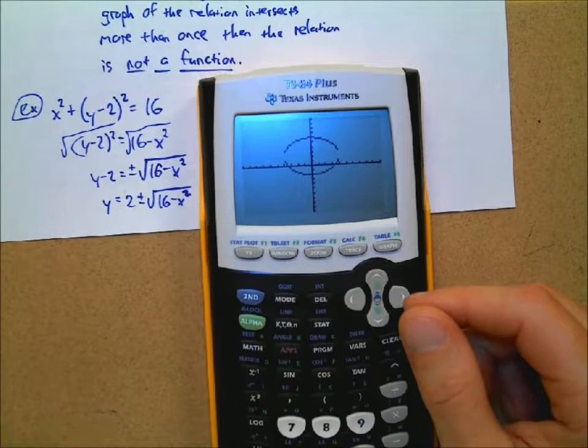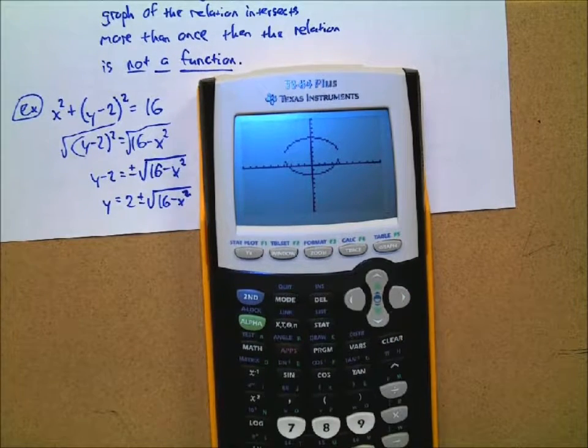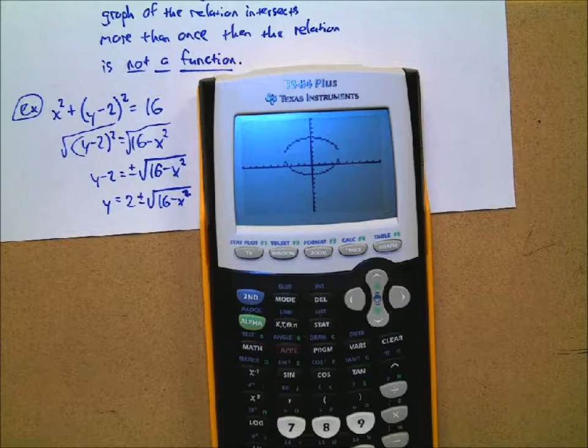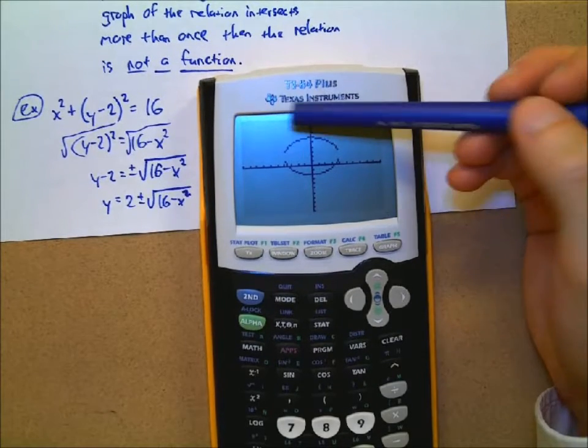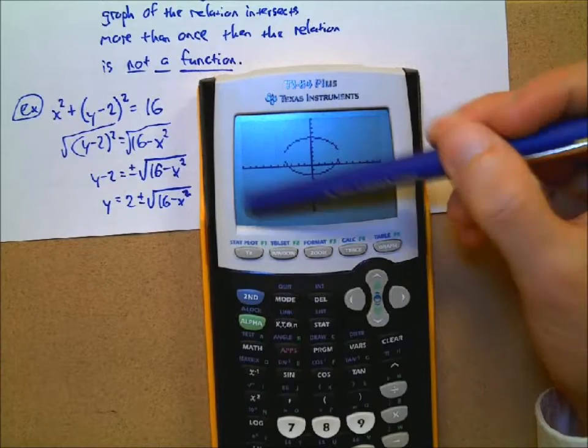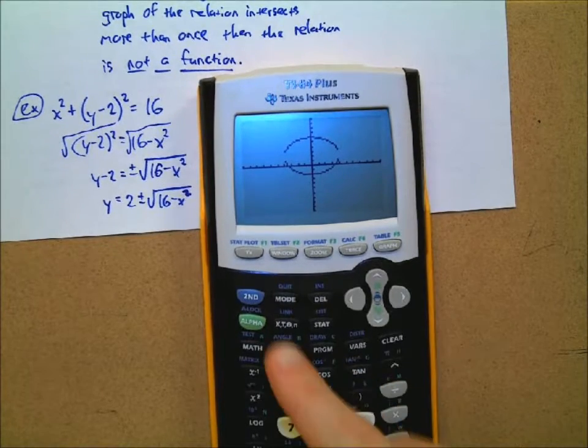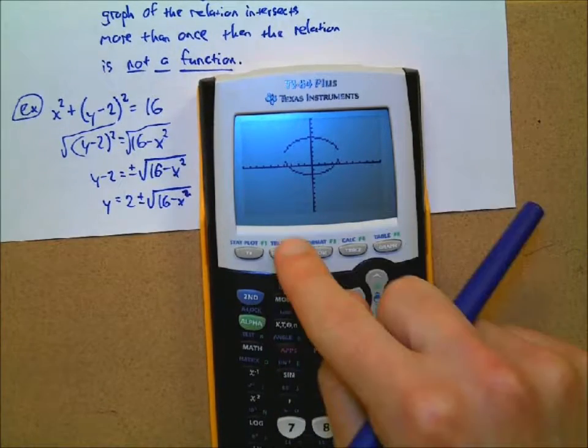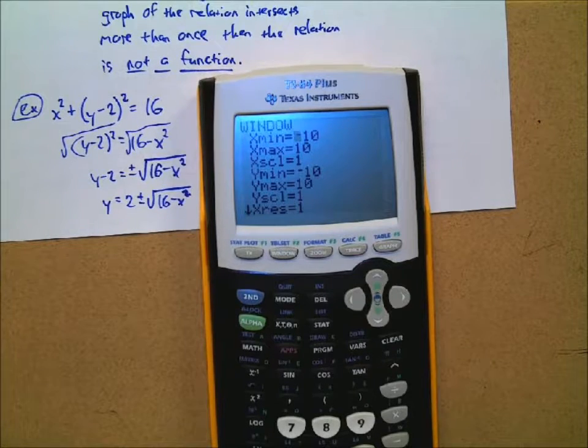It's also kind of weird that the shape doesn't really look like a circle. Why does it look like a football? Yeah, it's because the scales are different for the x and y. Our screen is a rectangle. The default window for a graphing calculator, if you go to window here, is from -10 to 10 on the x-axis, -10 to 10 on the y-axis.